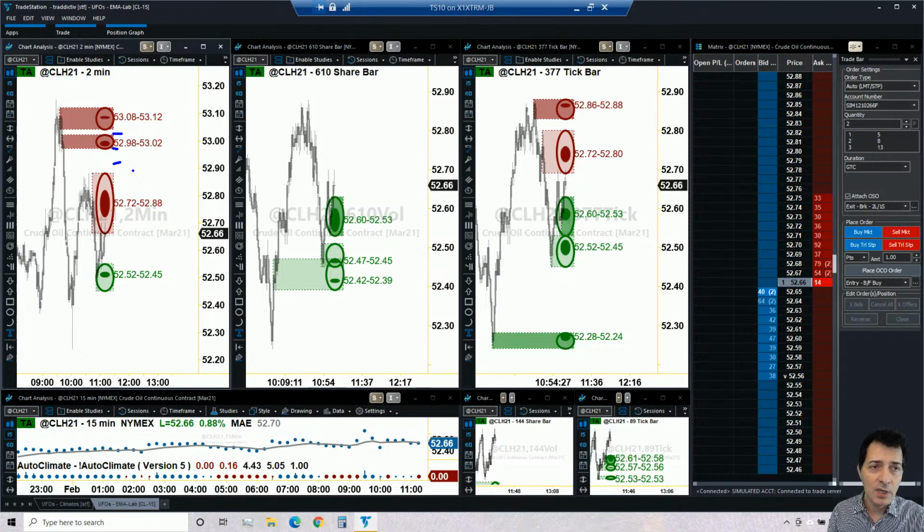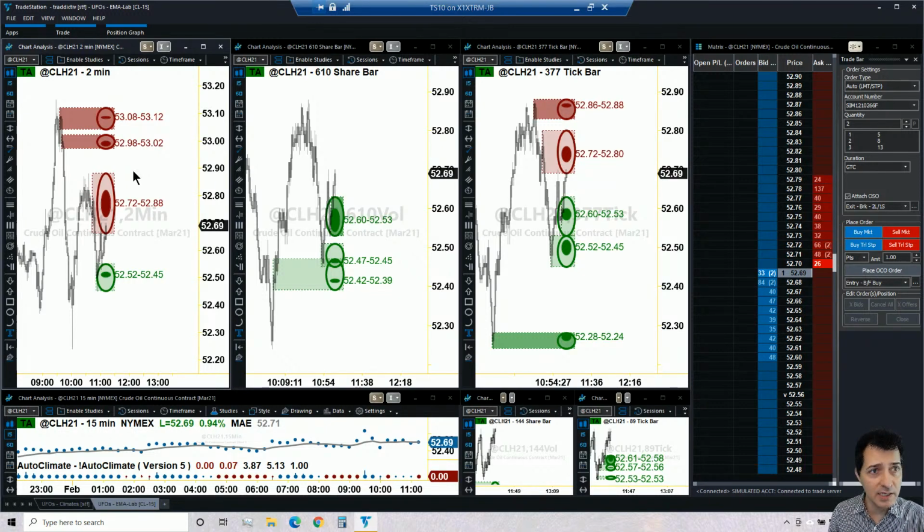So in other words, this is the lesson: when the safety target is too far, it's more convenient to pass on the trade, even though probability is on the side of seeing crude oil fall. It's better not to take the trade, because then you would be stuck in this trade for a long time until you either get stopped out or you get to the safety target.